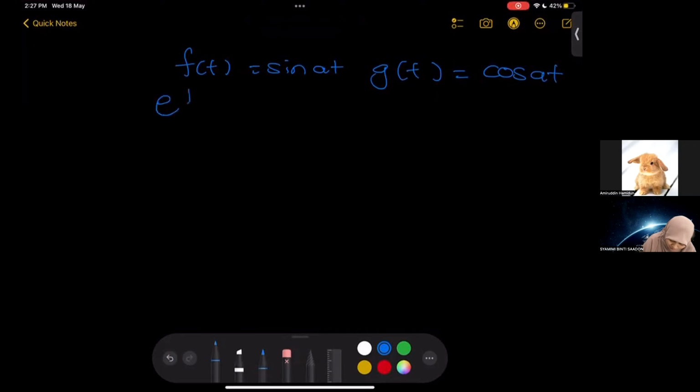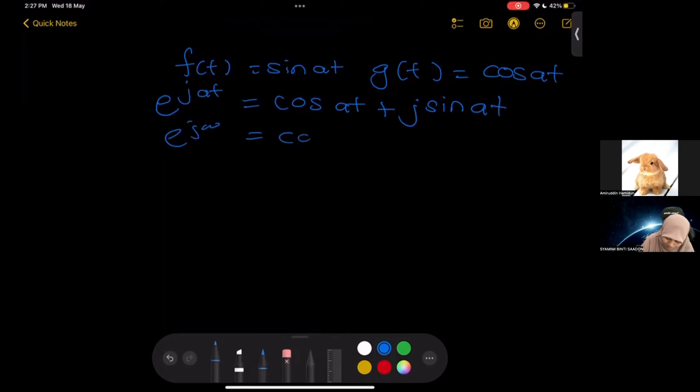It's the same if we use j a. So the angle is a. That means we can write this as cos(at) plus j sin(at). This is the definition like e to the j omega just now, from the first example, cos omega plus j sin omega. So it's the same, as long as it's an angle like that we can just replace it.